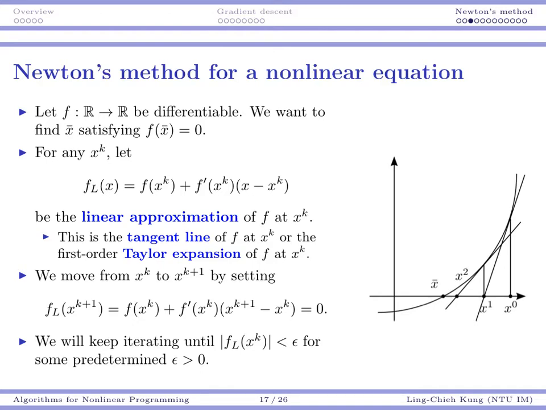We will keep doing this iteration until the modification of our solution is too small. What do we mean by too small? We check the difference between xk plus 1 and xk. If the difference is too small, that means we are not really modifying anything and we are very close to the solution.